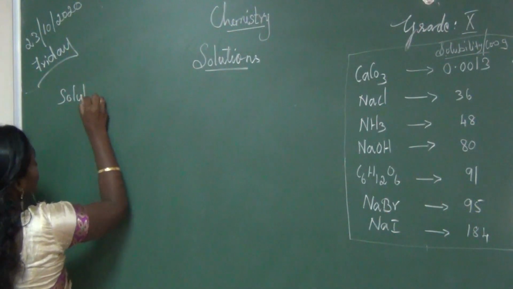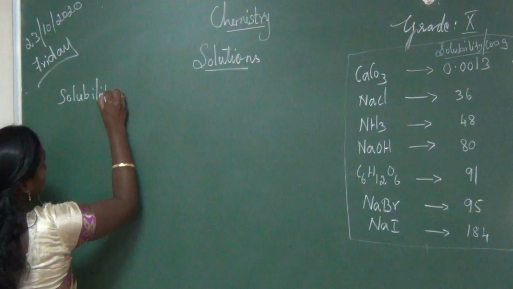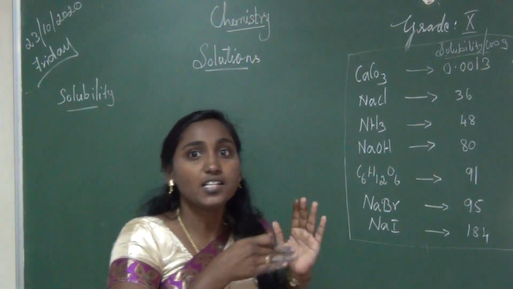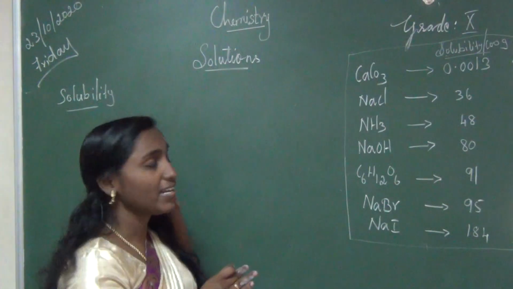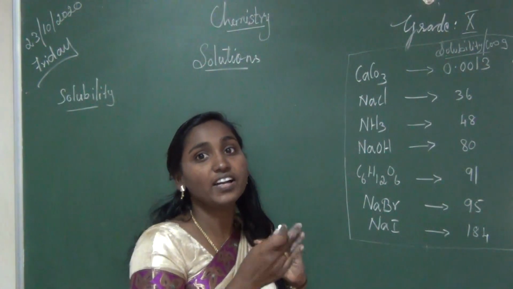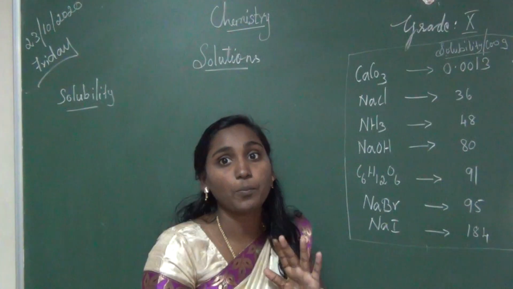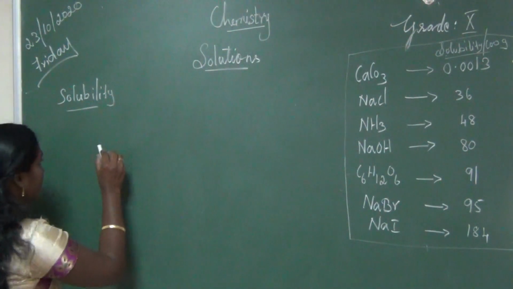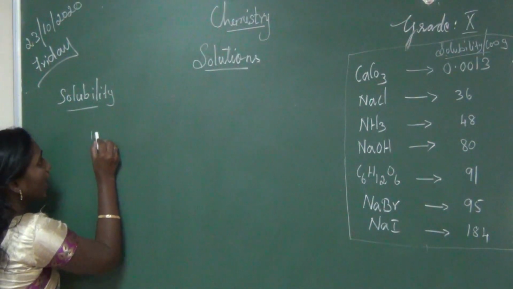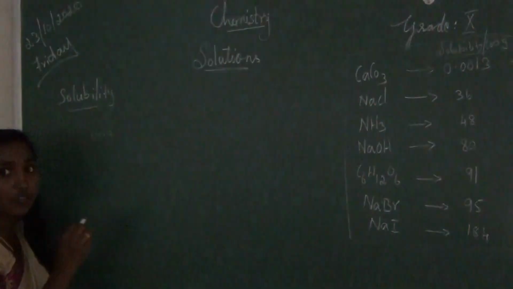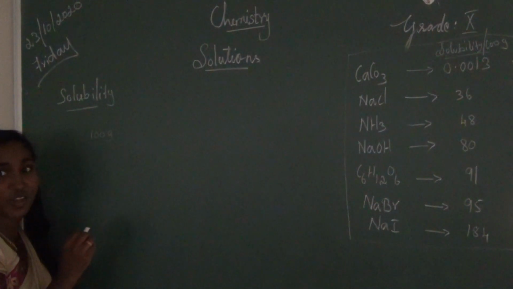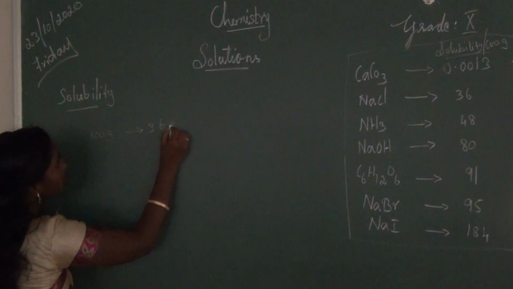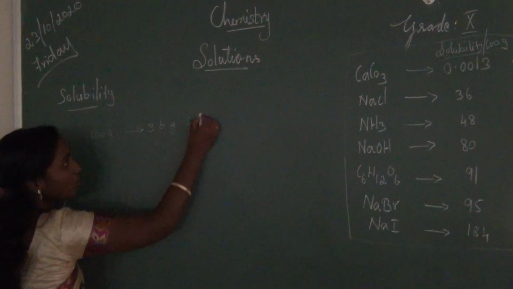So what is meant by solubility? Solubility means there is a limit to dissolve the solute at a given temperature, in a particular amount of water. For example, you can take 100 gram of water. 100 gram of water can dissolve only 36 gram of salt or sugar.